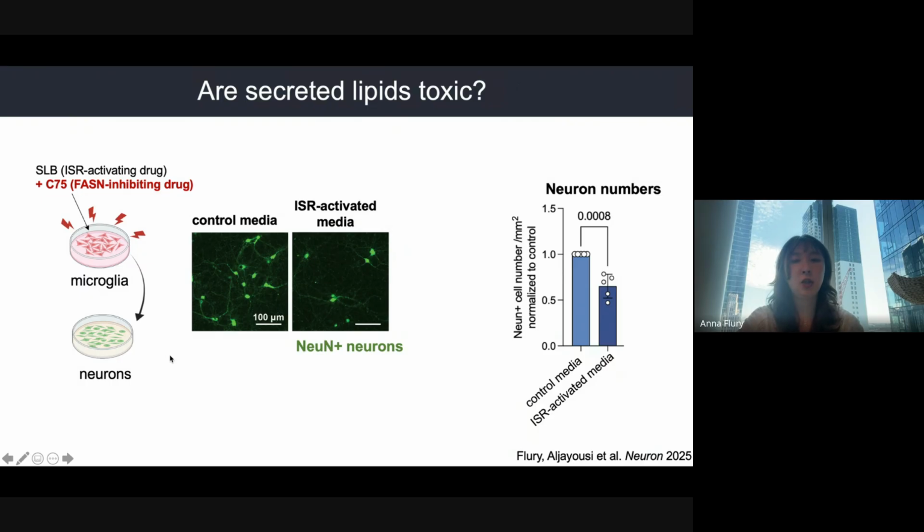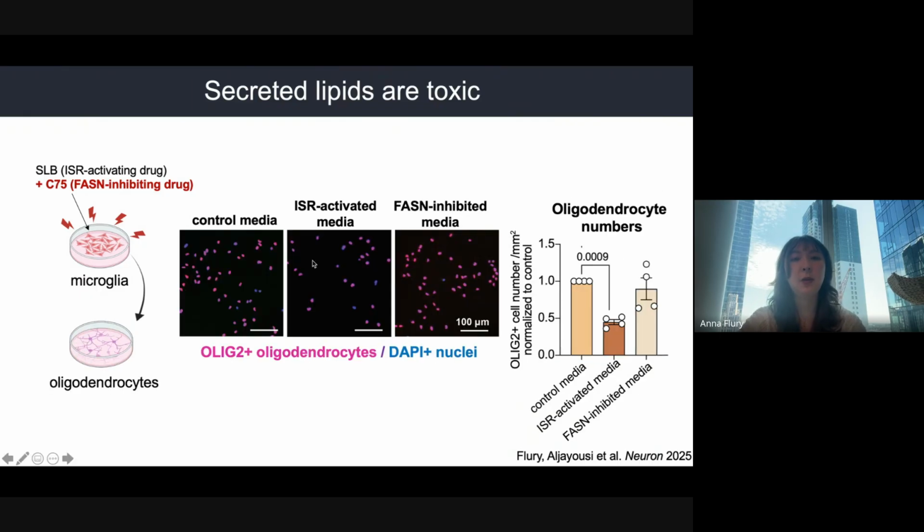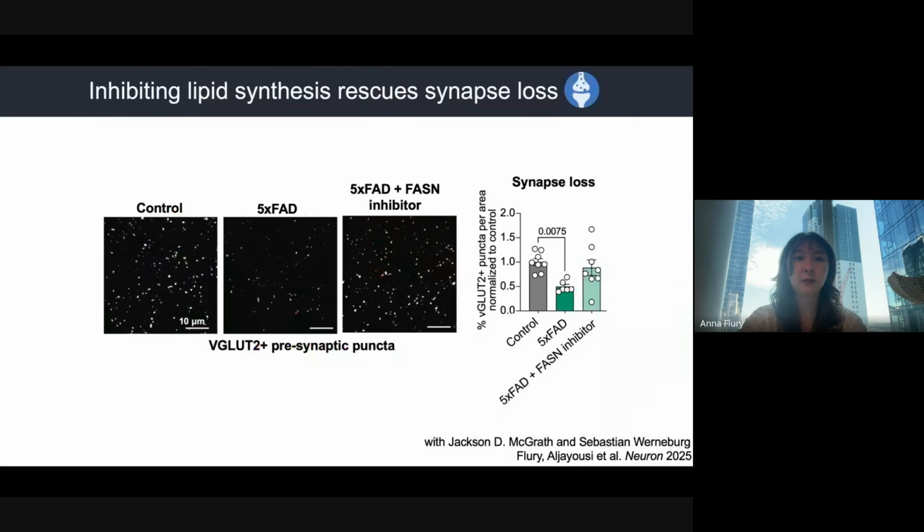And then we gave that conditioned media to neurons, and we saw that now survival is rescued. So this really confirmed that it is lipids synthesized by stressed microglia, that are being secreted, that are detrimental to the surrounding cells. And we saw a similar pattern here with oligodendrocytes, further cementing that.